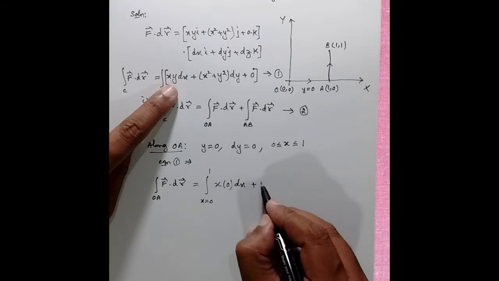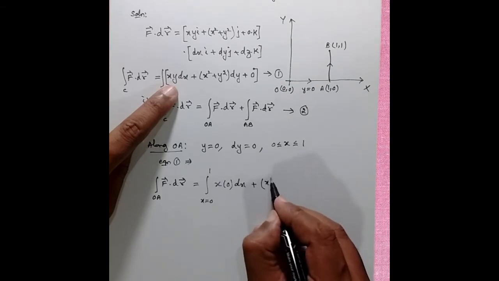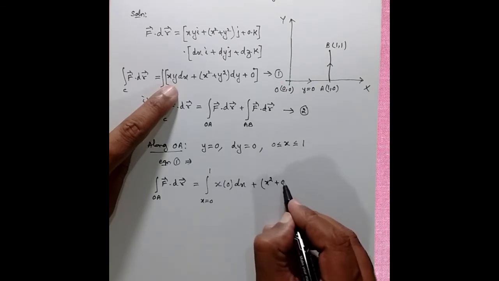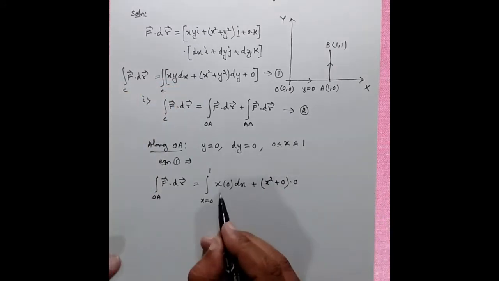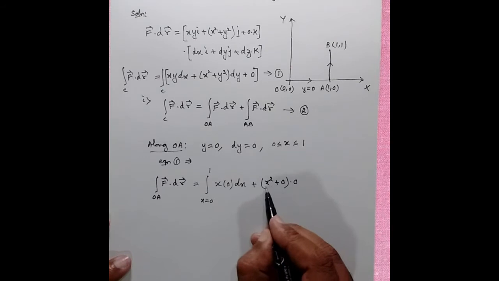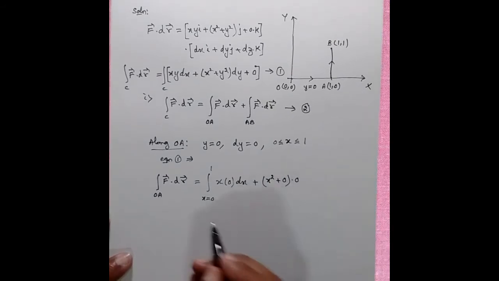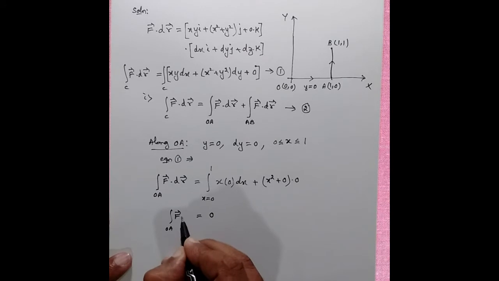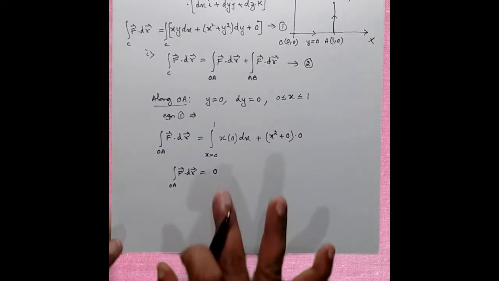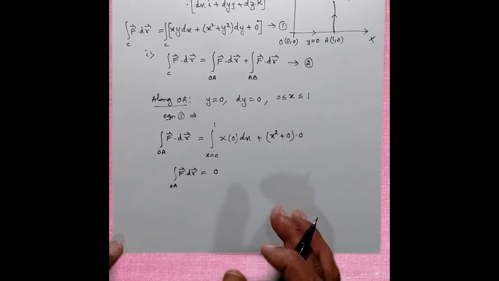Coming to the next one, x² plus y² times dy: dy is also 0, so the second term is 0 too. The integral of 0 will be 0 itself. So we have got the first result: the integral along OA of vector F dot dr equals 0.